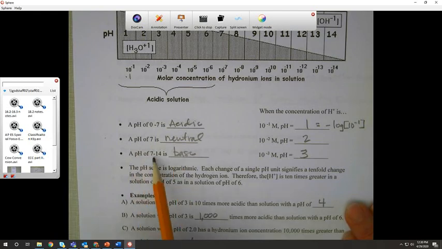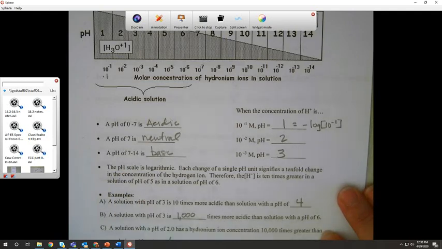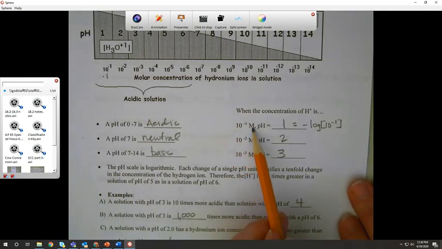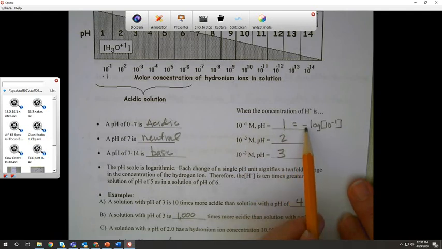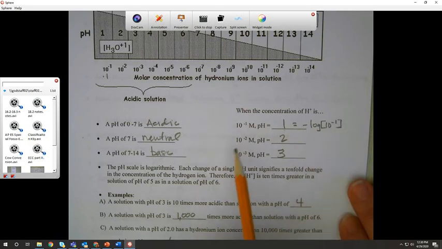And if you go from 7 to 14, that's a base. If you have a concentration of 10 to the minus 1, the pH is 1, and that's a very strong acid. Again, if you punch in negative log 10 to the minus 1, you're going to get 1. Same thing for 2 and 3.